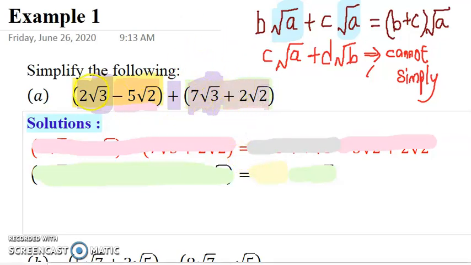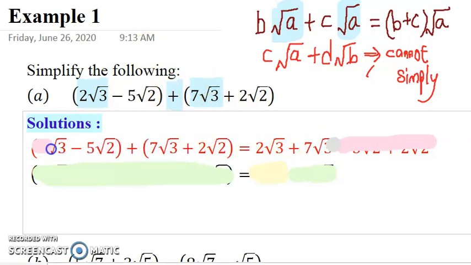To have a better view, let me rewrite the expression, where again, 2 square root of 3 plus 7 square root of 3, I group them together. It turns out to become 2 square root of 3 plus 7 square root of 3, minus 5 square root of 2 plus 2 square root of 2.